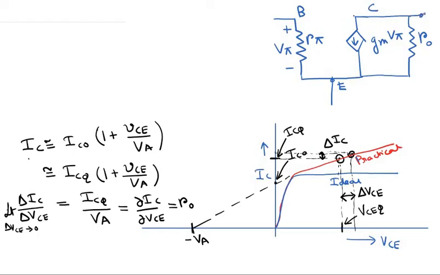Why this is denoted by the output resistance R0 is basically it is actually connected across the output. It is connected at the collector terminal, and the collector terminal basically we take as the output, and that is why this resistance is known as the output resistance or the small signal output resistance.